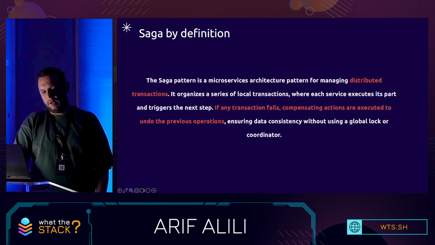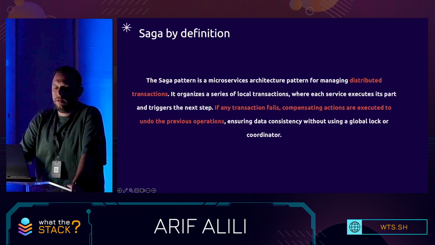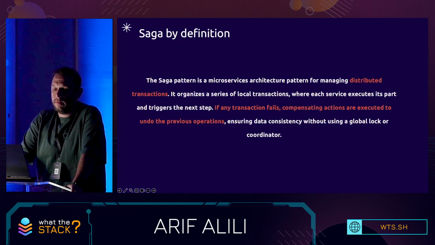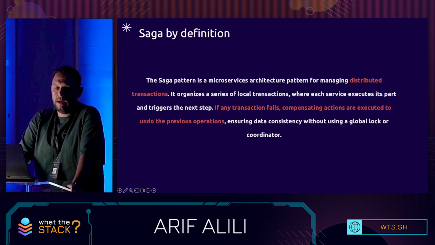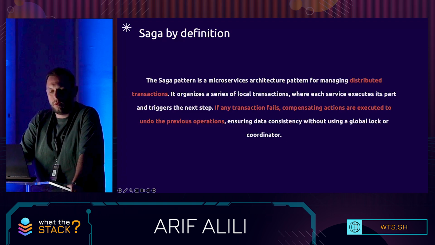The Saga pattern, by definition, is a microservice architecture pattern for managing distributed transactions. It organizes a series of local transactions where each service executes its part and triggers the next step. If any transaction fails, compensating actions are executed to undo the previous operations. Which means that if, in our case, the customer service fails, we need to go back and undo every operation that we have done until that particular moment.